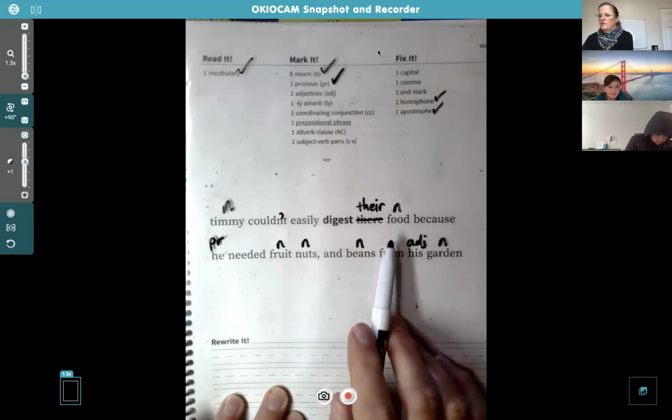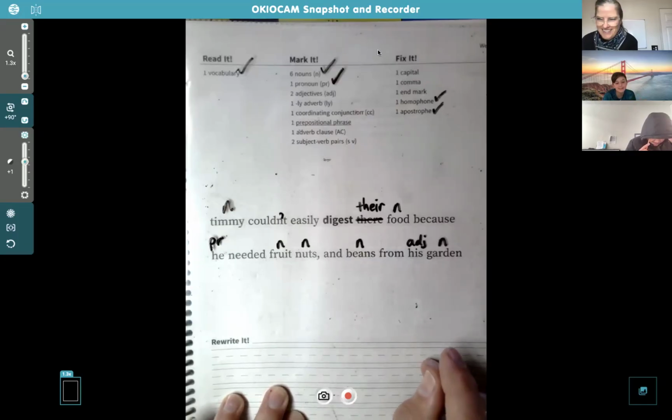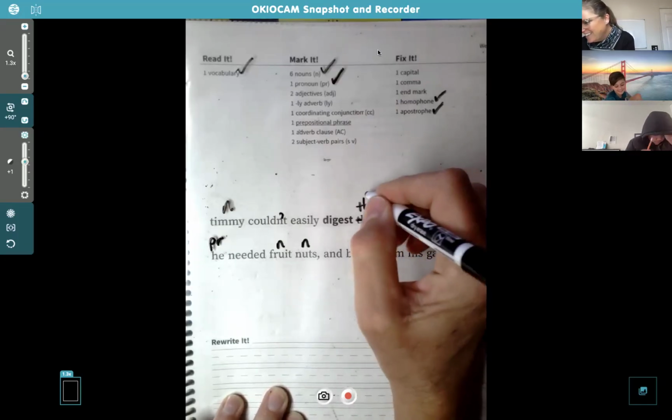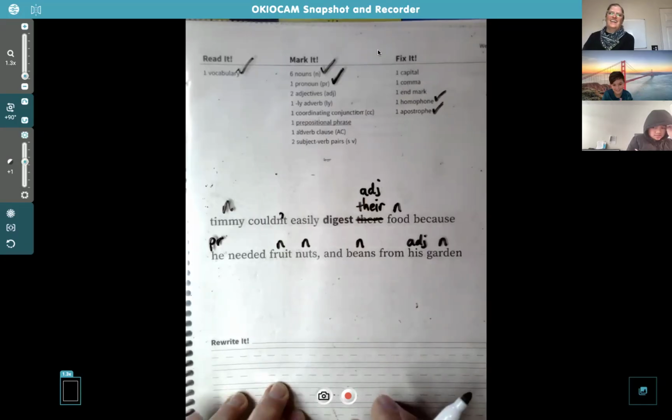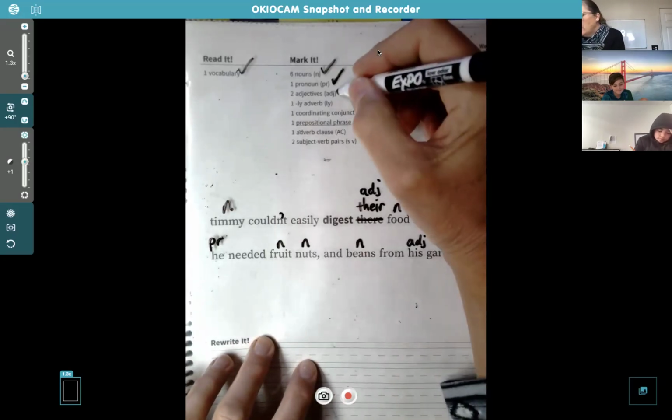See the word food here, Sawyer. And remember, one of the jobs of the adjective is telling whose. Sorry, I accidentally put it on mute. Oh, I didn't hear that it was there. Yes, you're right. Sorry, I didn't even hear that. So because it's telling whose food it is, that's also an adjective. So we got his and their.